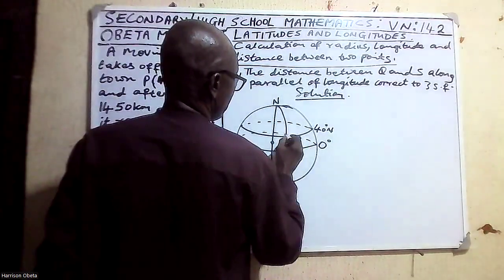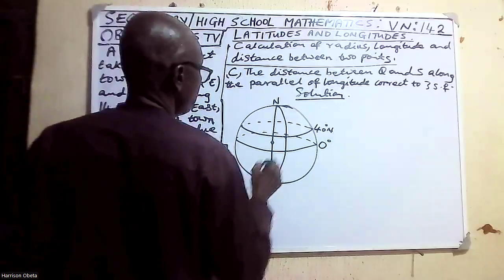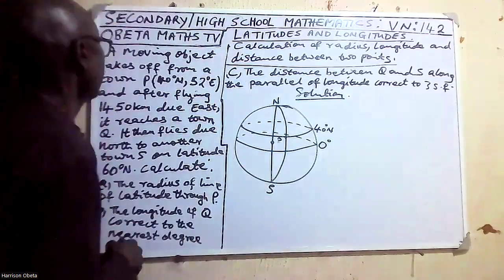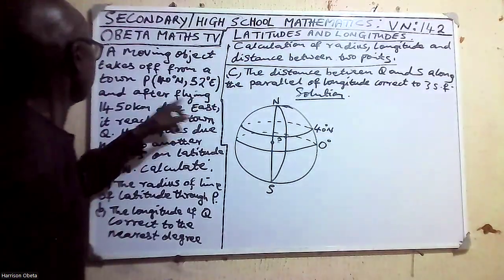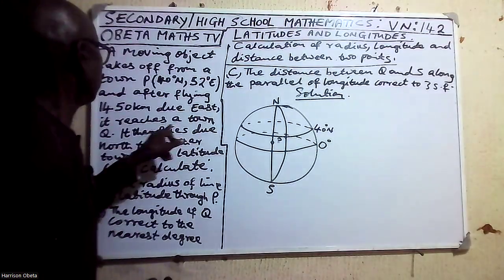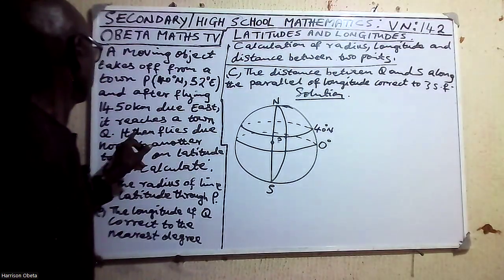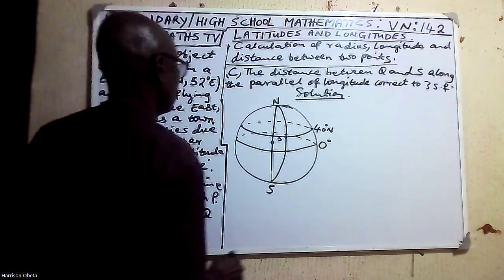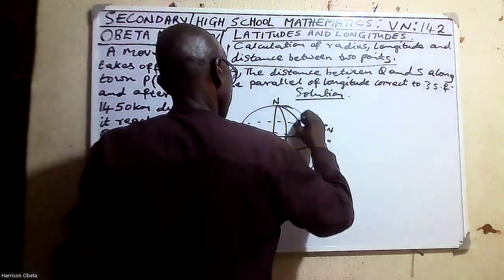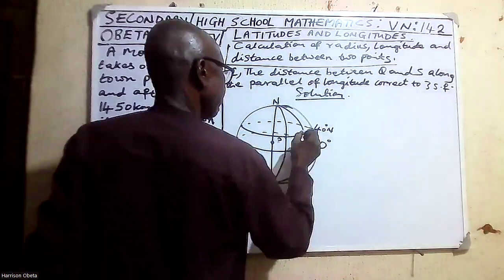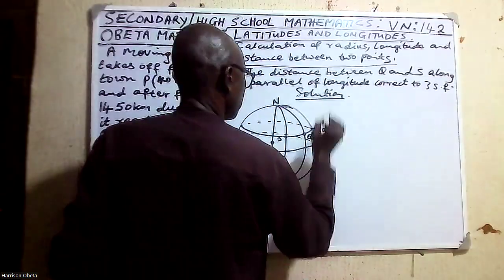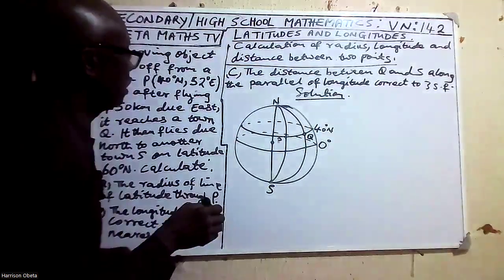Let's take this to be our first point, that's P. After flying due east, it reaches a town Q. Let us take this to be the second point.